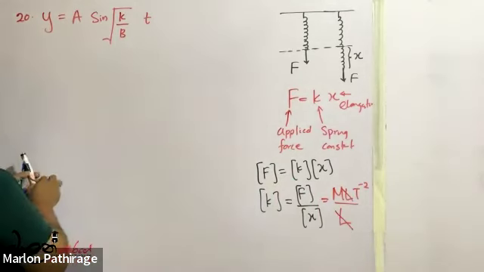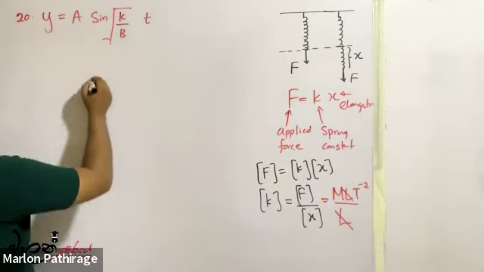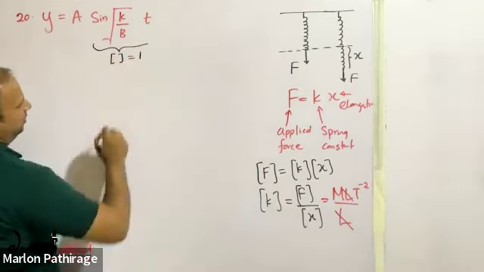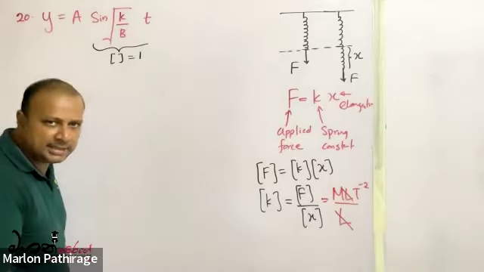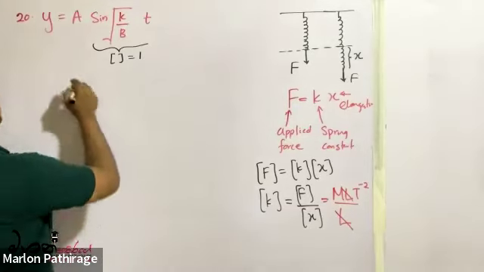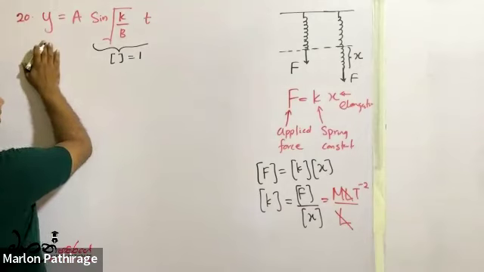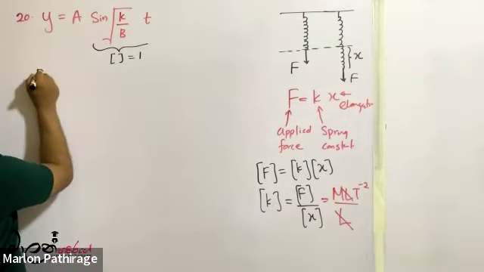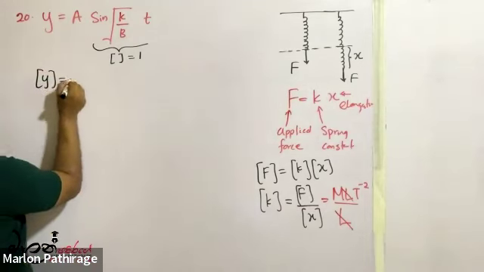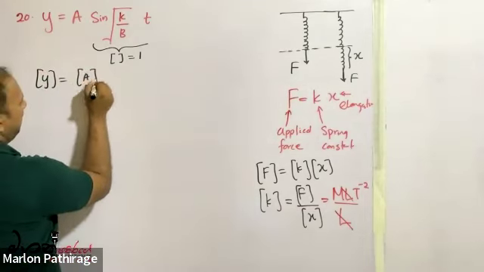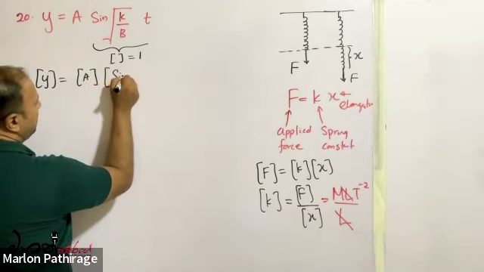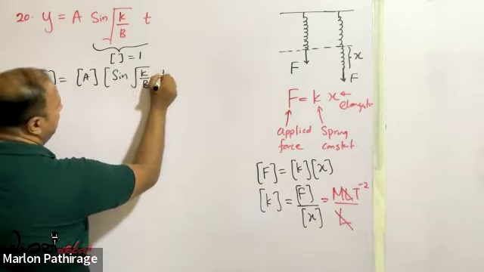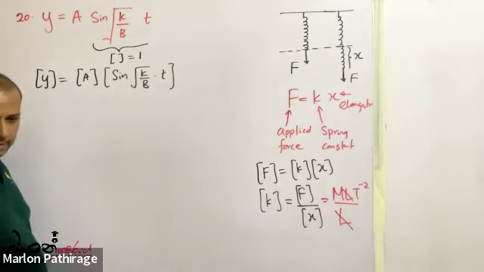Then now it is very clear the dimension of this part is equal to 1, because there is a trigonometric function. And therefore, dimension of y should be equal to dimension of A. We can write dimension of y is equal to dimension of A into dimension of sine of the square root of K over B into t.